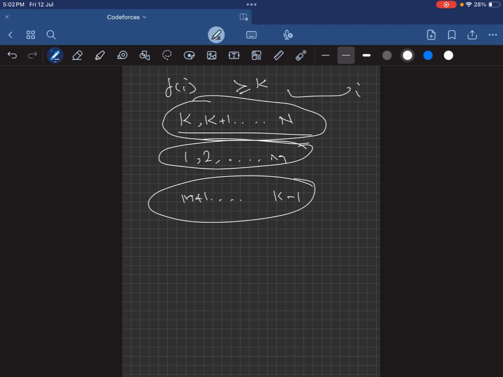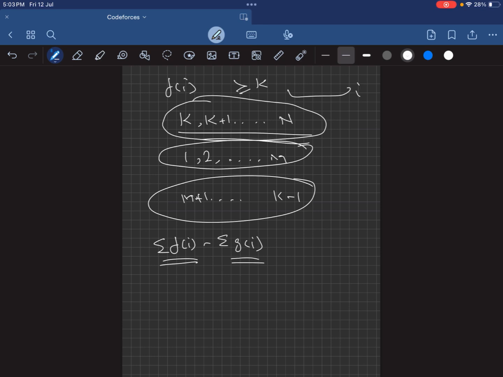Now all we have to do is maximize the quantity summation fi minus summation gi. To maximize this, clearly we need to maximize summation fi and minimize summation gi. The elements contributing to summation fi are k, k plus 1 up to n.